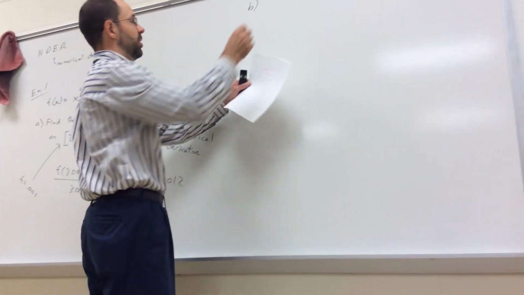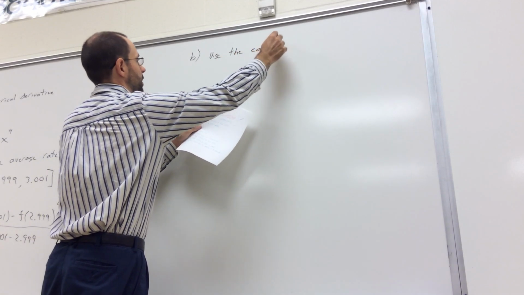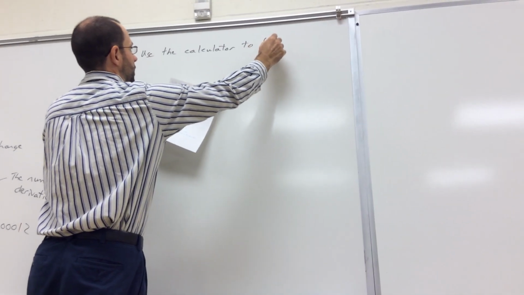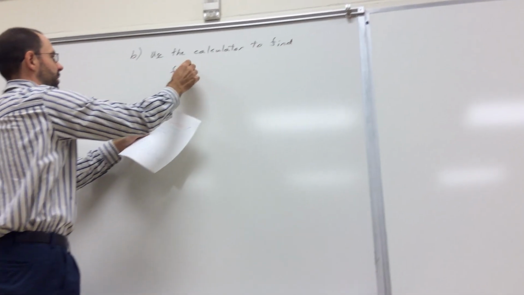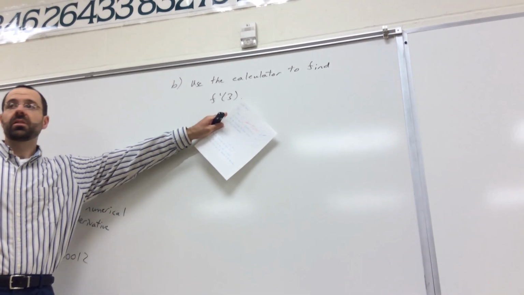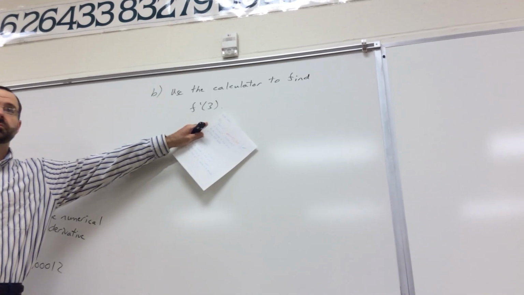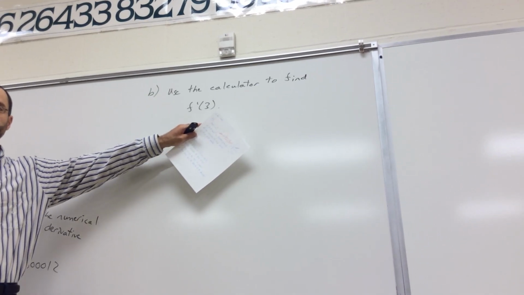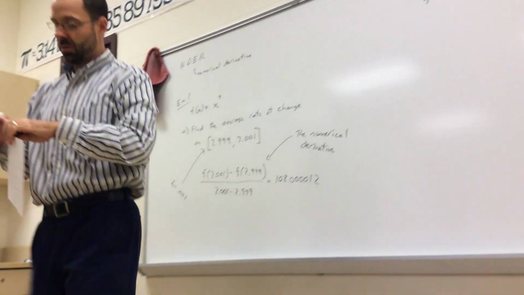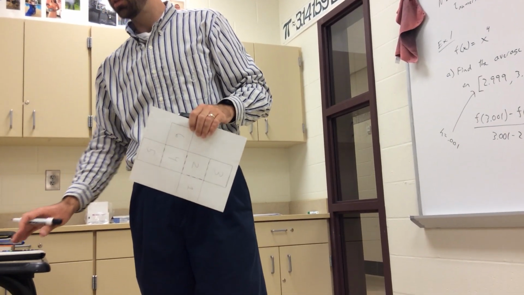So now I'm going to show you how to use the calculator to find the derivative at 3, to find f prime at 3. Okay, so if you have your calculator with you, you should do this.